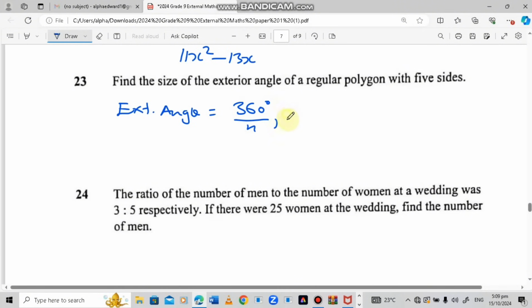So the number of sides n in this case is 5. So we're going to have 360 degrees divided by 5. 5 into 36 is 7, remainder 1. 5 into 10 is 2. So the exterior angle is 72 degrees.